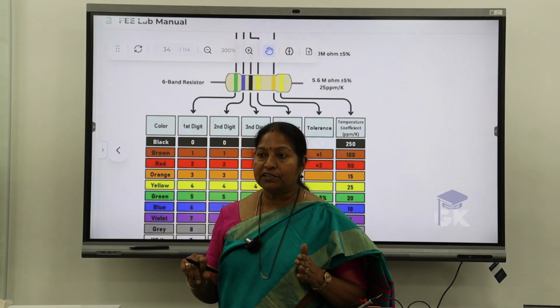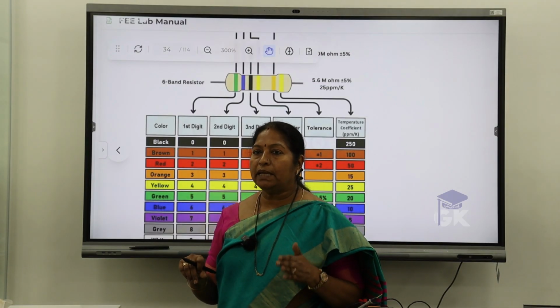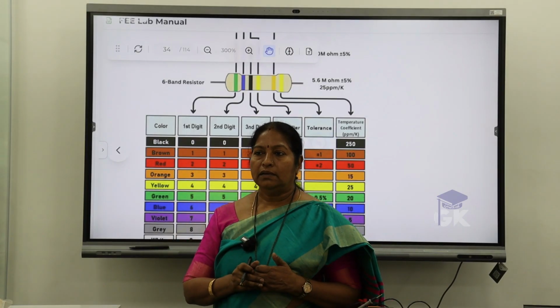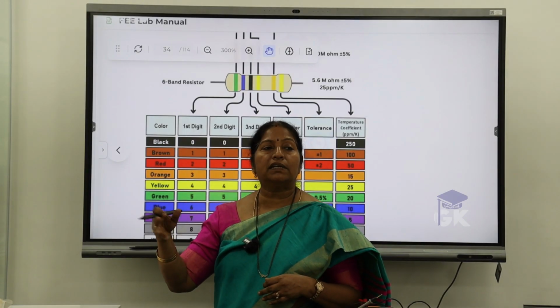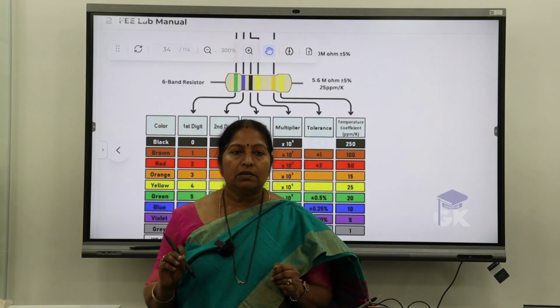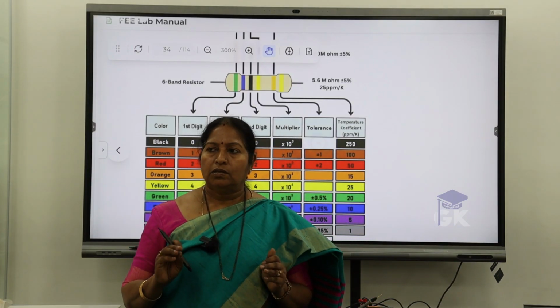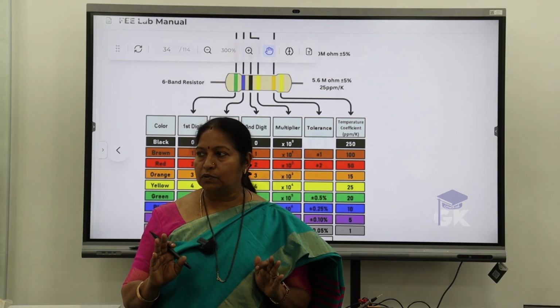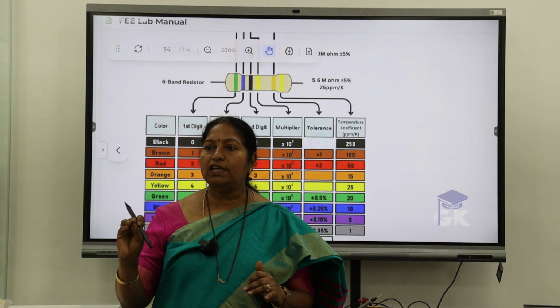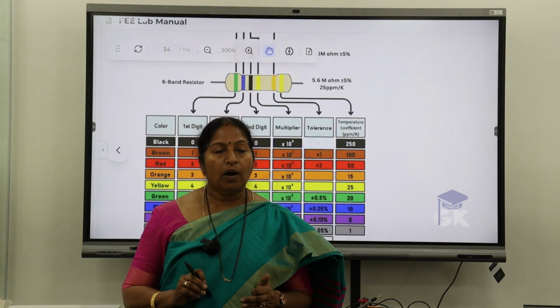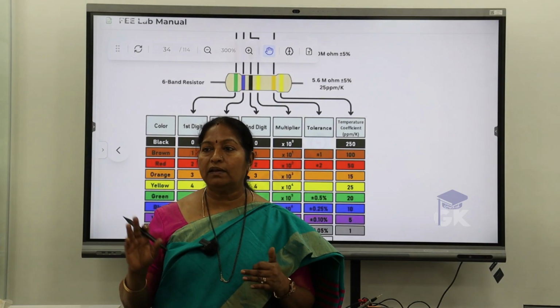It represents what the change in the value of the resistor will be for every 1 degree change in temperature. We know that with these resistors, whatever materials we use, whenever there is a change in temperature, there will be a change in value. What is that value that changes with the temperature?